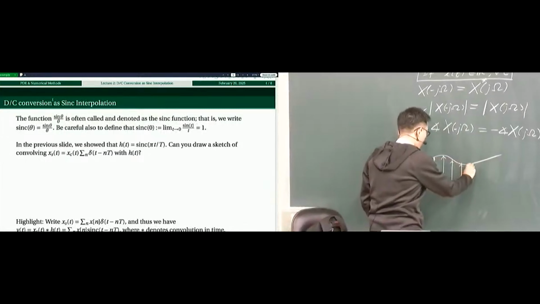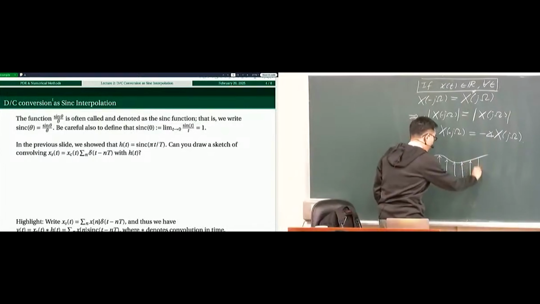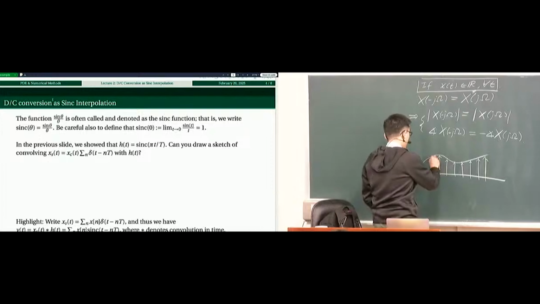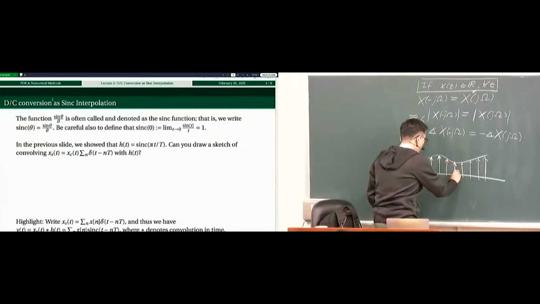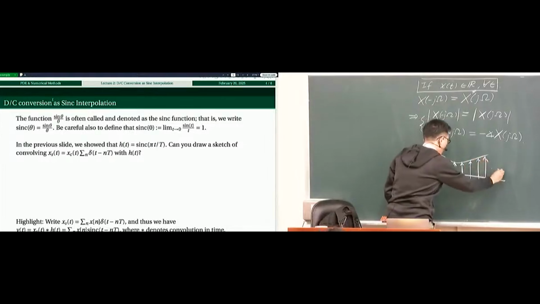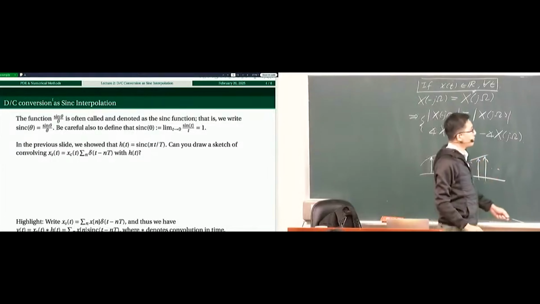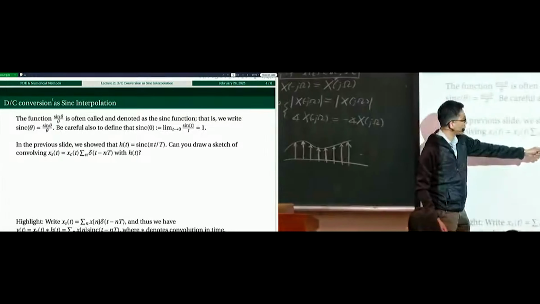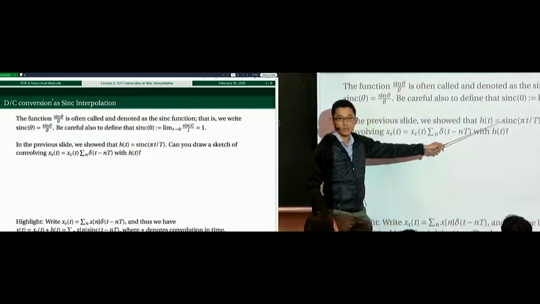Now it consists of delta spikes with modulated height according to the signal's amplitude. So we are going to convolve the series of spikes with this signal over here. That's the impulse response.